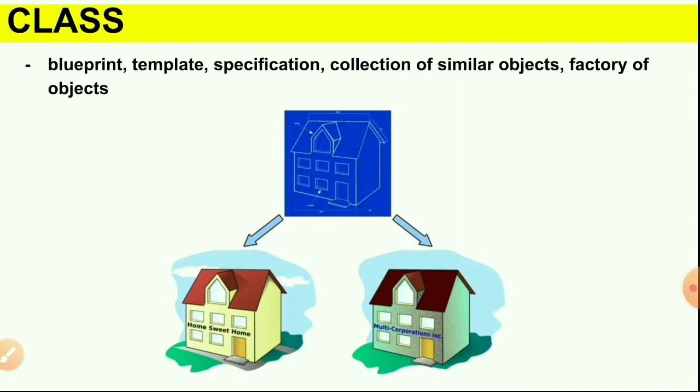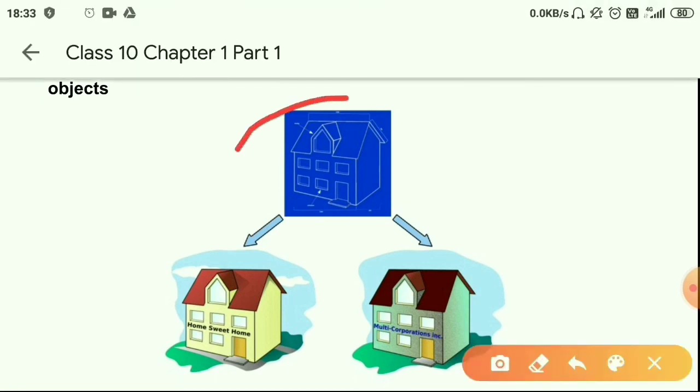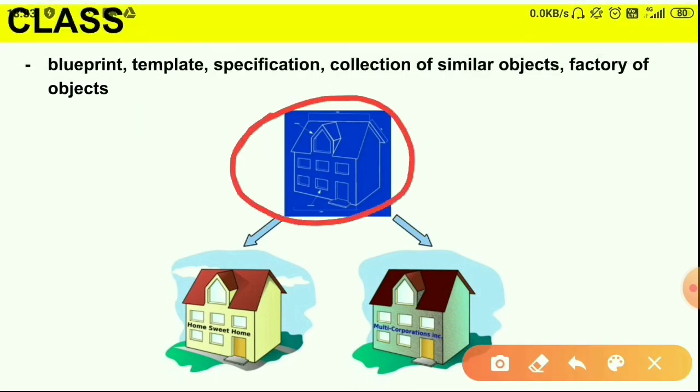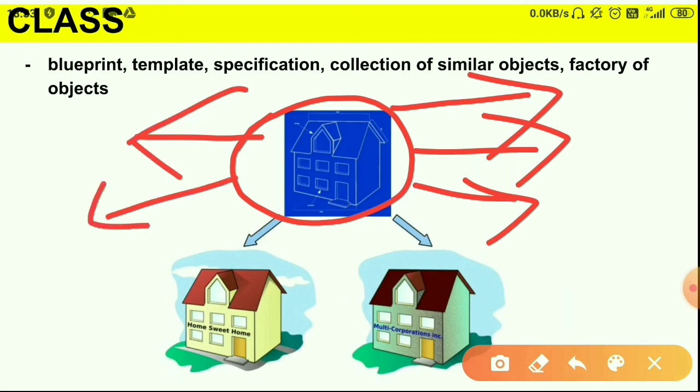So this point you should remember. And the last point here, factory of objects. Class is known as factory of objects. Why? Because you can see that this single blueprint here is capable of producing any number of houses, as many houses as you want. Okay. So that is the meaning of factory of objects.